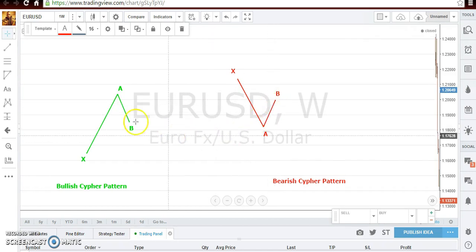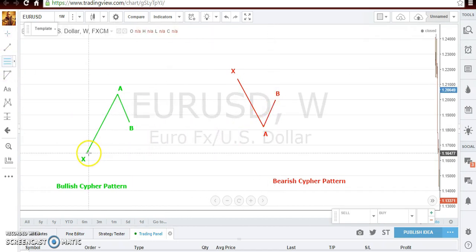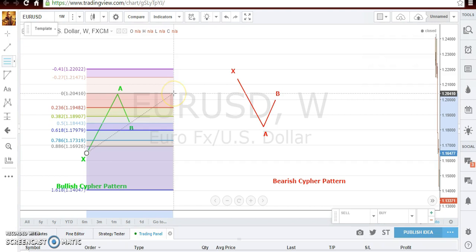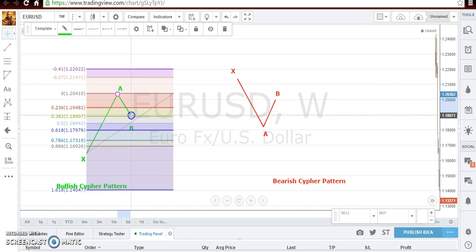Now the rule is, let me bring in the Fibonacci tool and I'm going to tell you what the rule is. For the A to B leg to be valid for a Cypher pattern, it must touch the 382 retracement line of the X to A leg. It can also touch the 50% retracement, and it can also touch the 618 retracement, but it must not touch the 786 retracement.